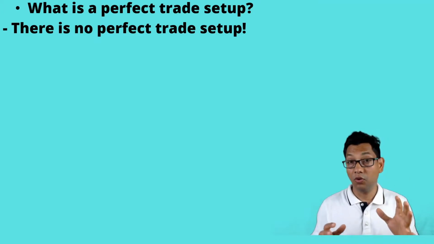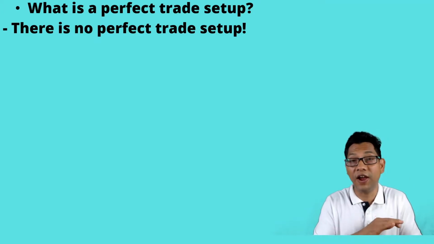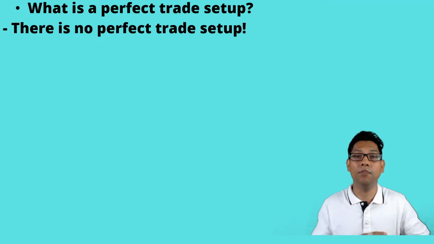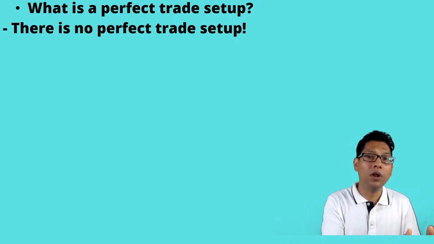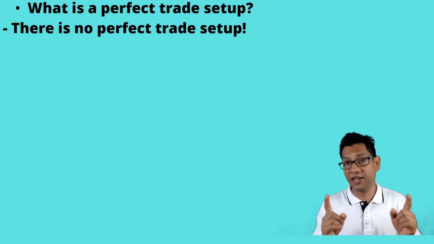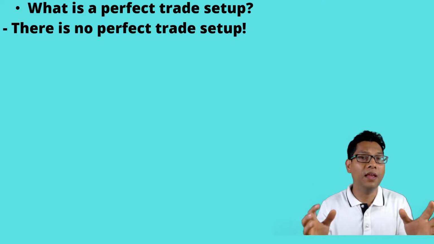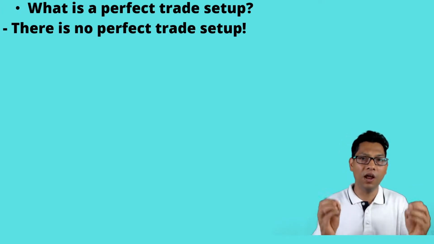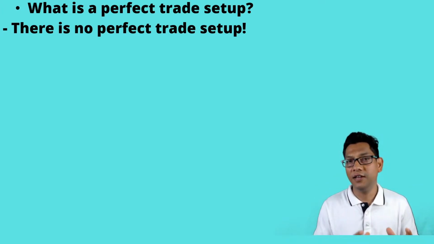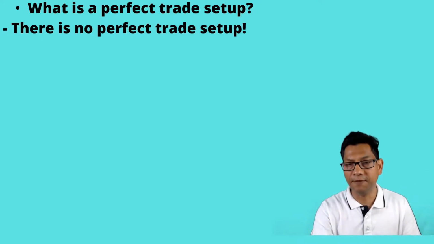Similarly, though you may not find a perfect trade setup all the time, a trade that is more like a perfect trade can give you a big edge over the market. So that is the point of learning how to find a perfect trade setup.